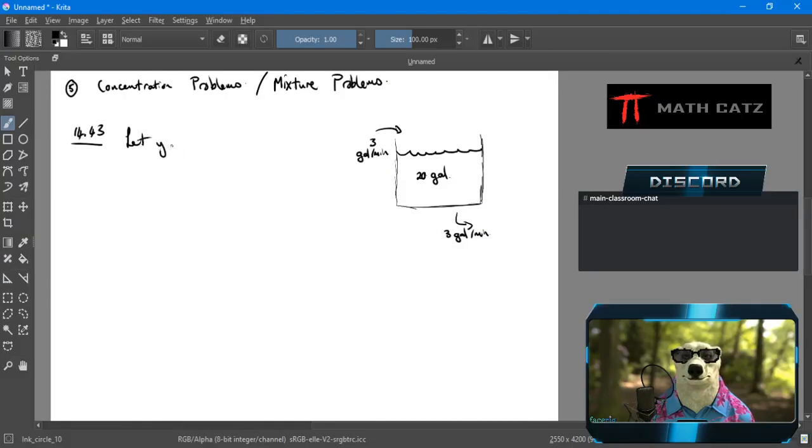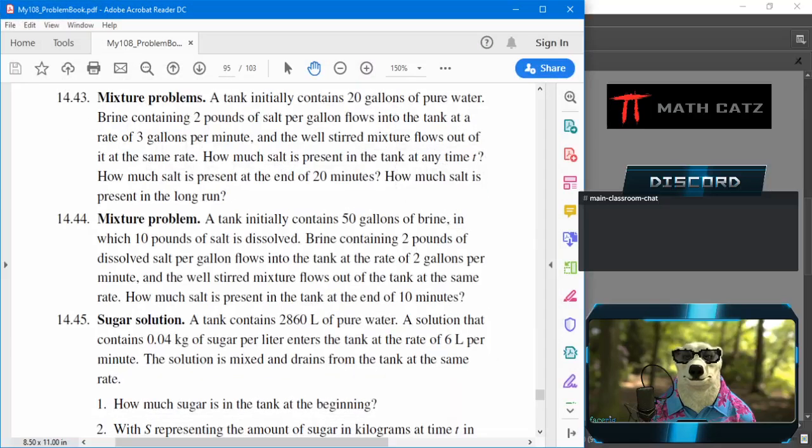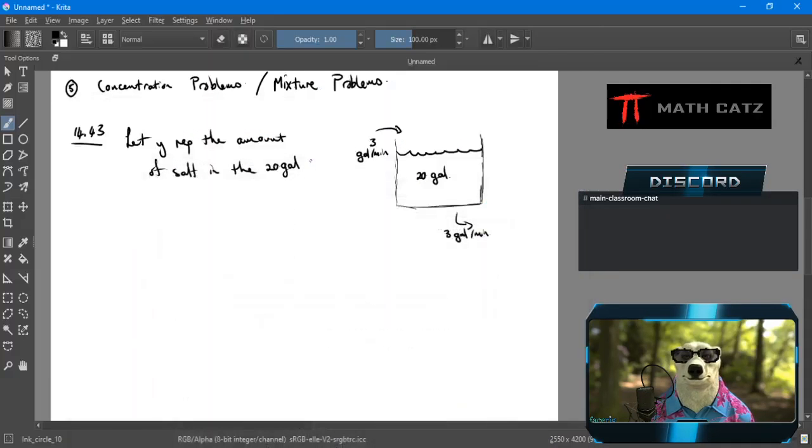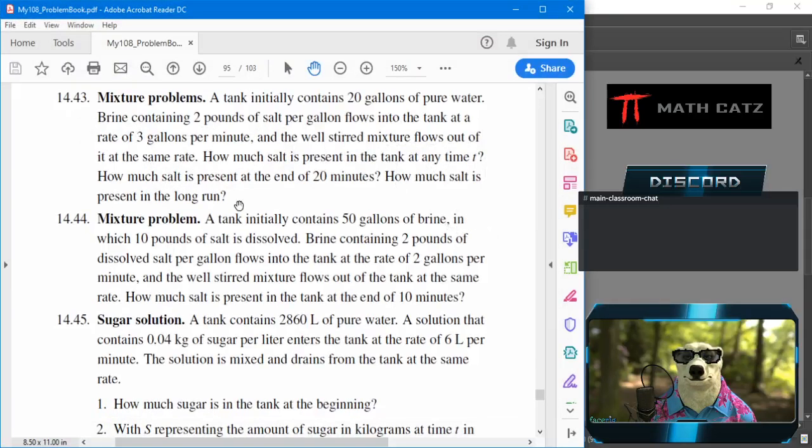Let's say y represents the amount of salt in the 20 gallon tank at time t, and t will be in minutes because that's the time unit that they refer to.